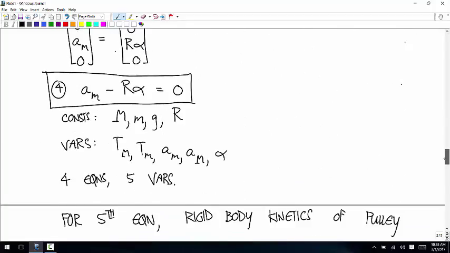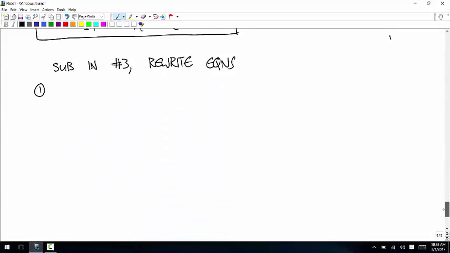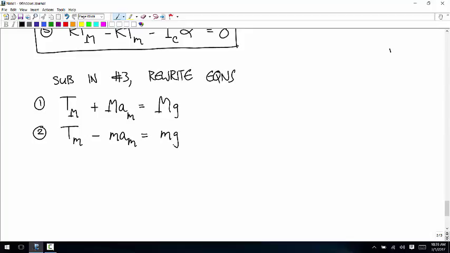So we have T sub big M plus big M A sub little m is equal to big M G. And the second equation says T sub little m minus little m A sub little m is equal to little m G.